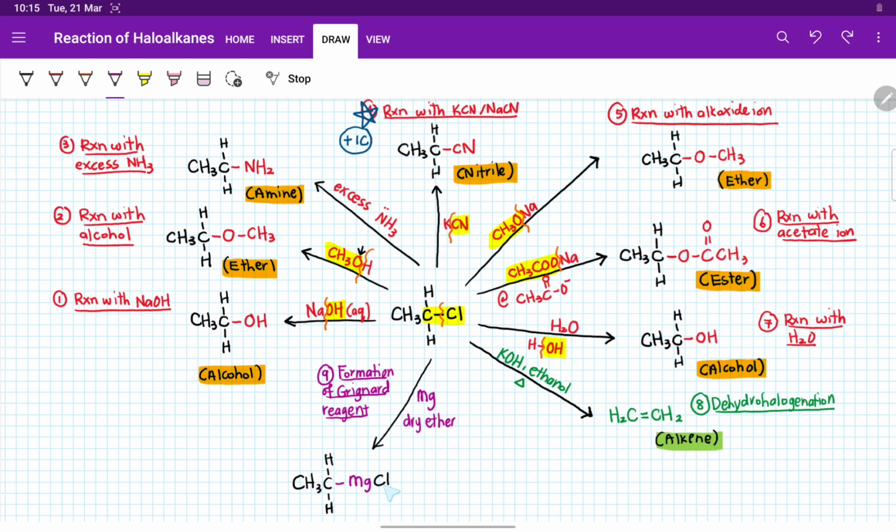Instead of bonded to halogen, kita bondedkan kepada magnesium dan kita akan sambung balik kepada chlorine. Now, apa tujuan kita hasilkan Grignard reagent dekat sini? So that carbon dekat sini, instead of kita ada partially positive carbon, this carbon right now will become partially negative and magnesium akan jadi partially positive.